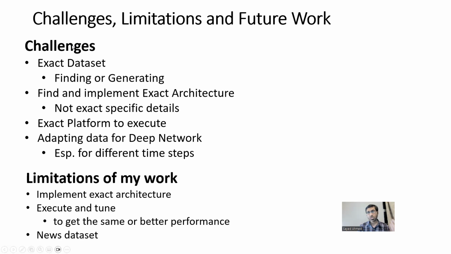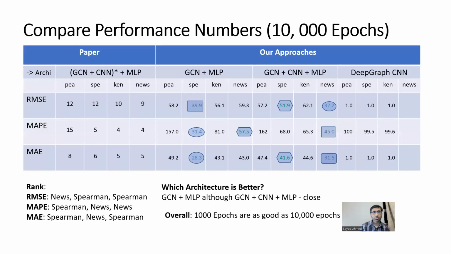Limitations will be there. Mine did not implement the exact architecture. It just went close and did not achieve as good performance as the paper, but I can try to tune it to get better performance. If you see these numbers, I think the paper's numbers are usually lower than mine.